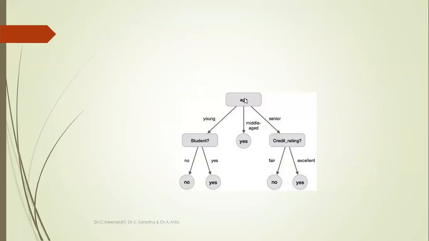See here, whether it is age, whether he is a student, or what his annual income is. When it is very high, then you can have yes. When it is fair, you are not going to provide the loan. It's the same example we have taken.